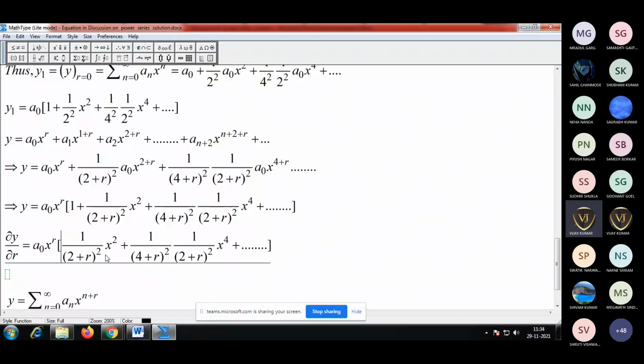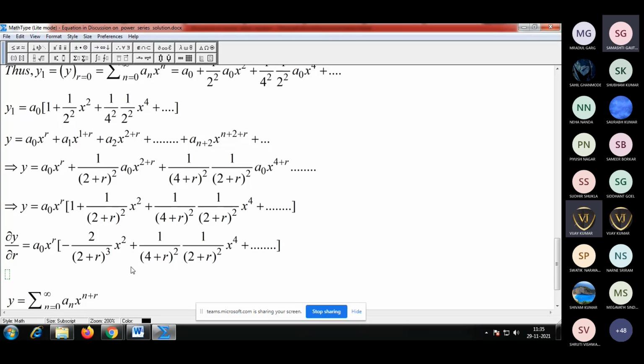And this term is constant, so we need to differentiate this one. So power minus 2, so minus 2 and 2 plus r power n minus 1, so 3. You all may check please.